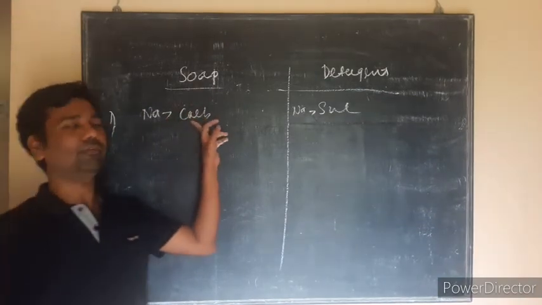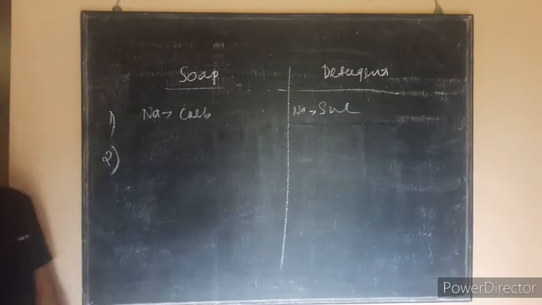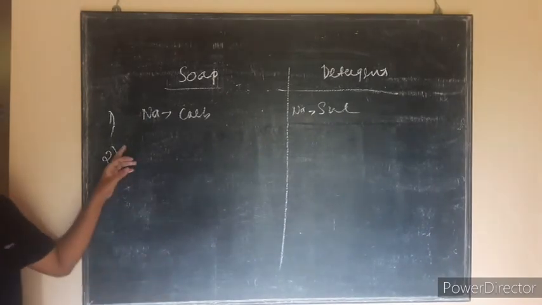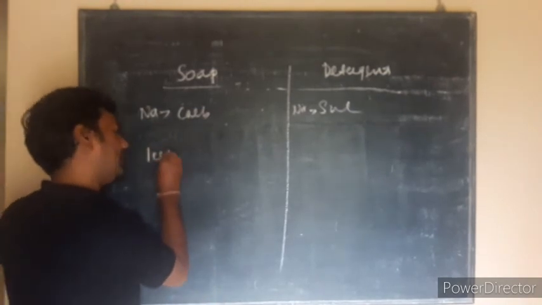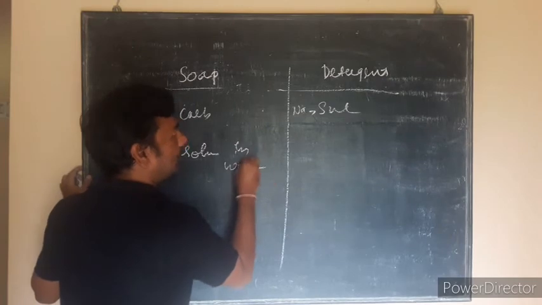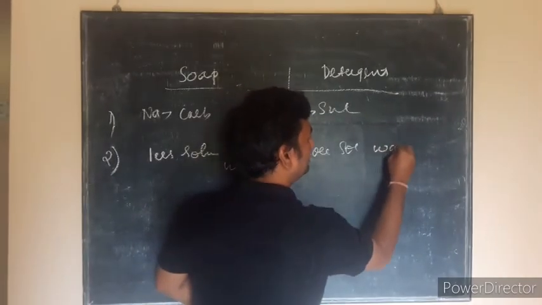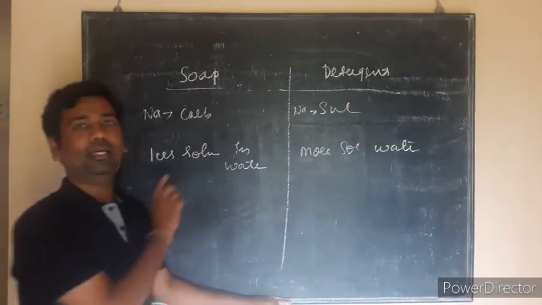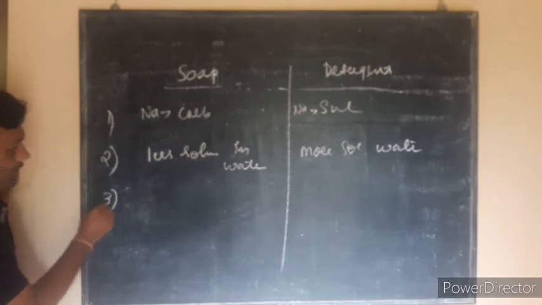That is the first difference between soaps and detergents. Second, soaps are less soluble in water, and detergents are more soluble in water.